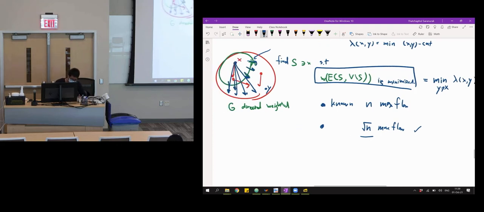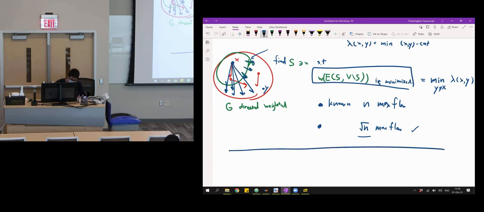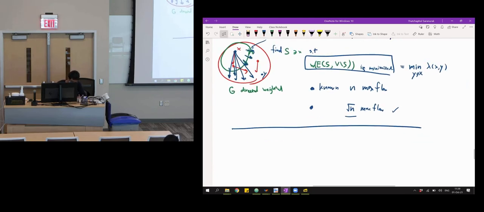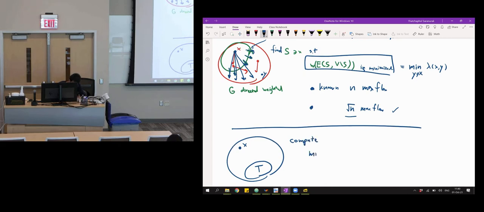The bottleneck is this: instead of x, you have some terminal set T, and you want to compute the minimum over y in T of this thing.